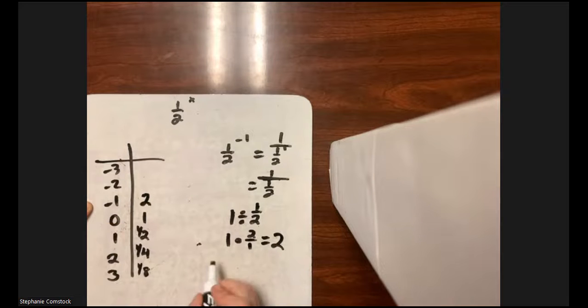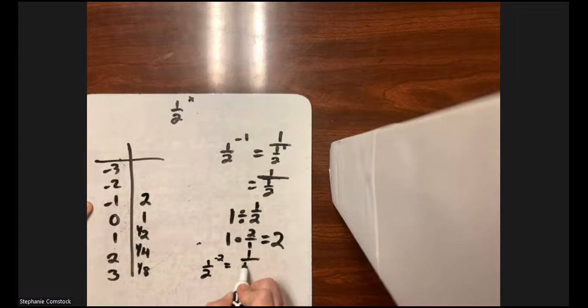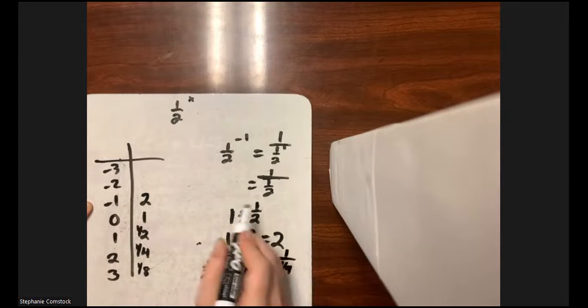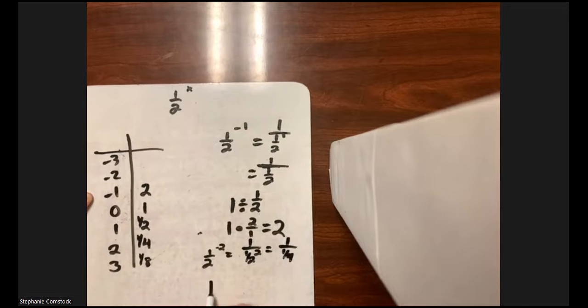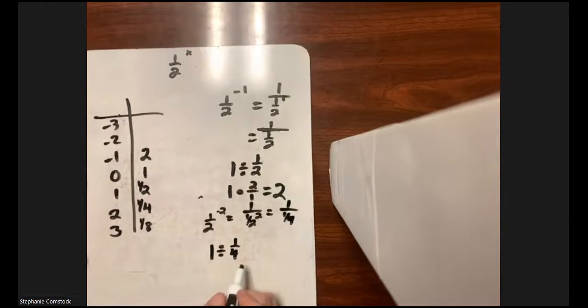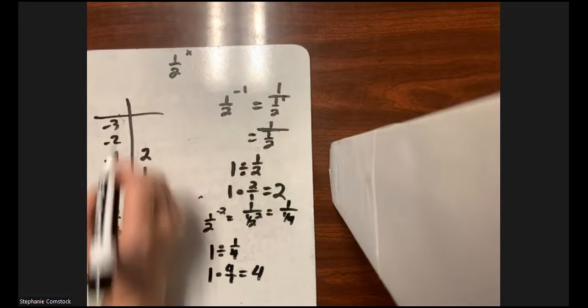Okay. We've established that 1/2 to the -2 is going to be 1 over 1/2 squared, which is 1 over 1/4, following our same operation stuff here. That's going to be 1 divided by 1/4, which is going to be 1 times 4 over 1, which is 4.